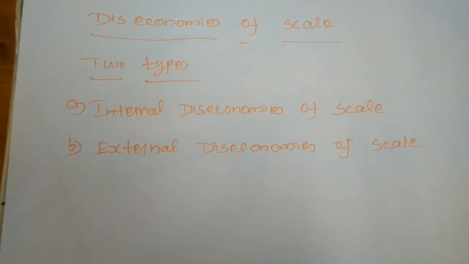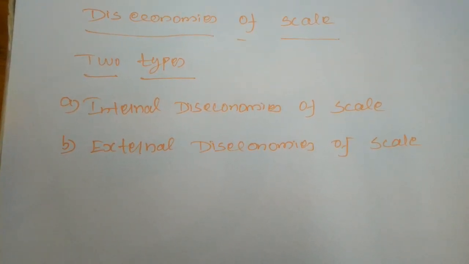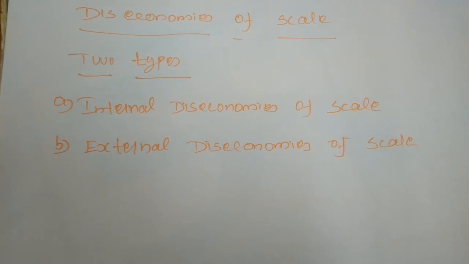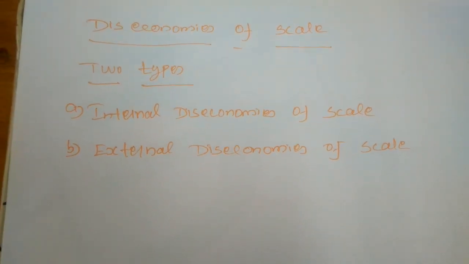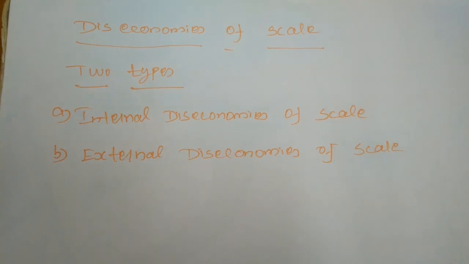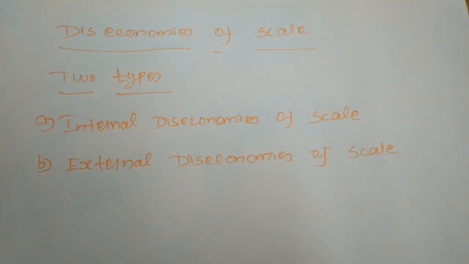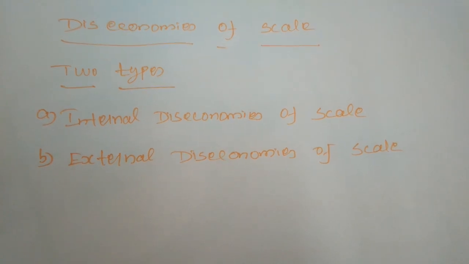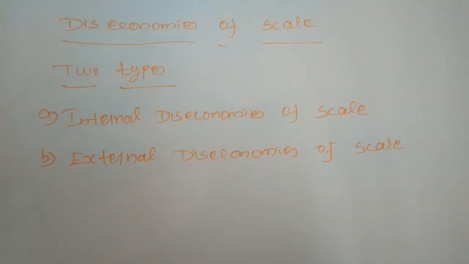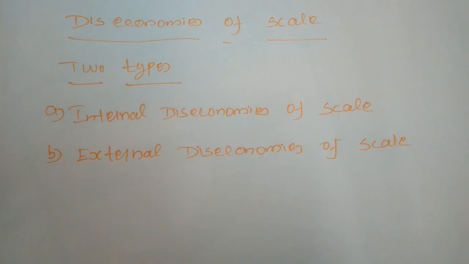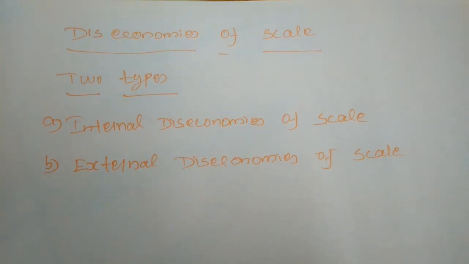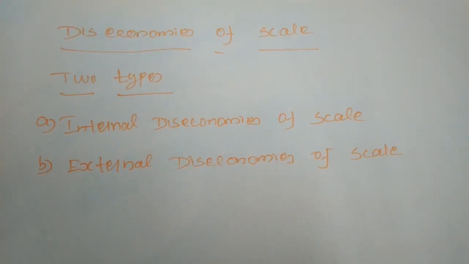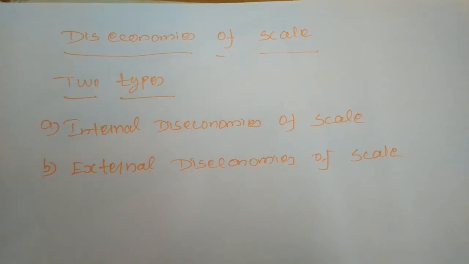Further, it delays the speed of the supply of the product to the market. Suppose the cost of production is increased, or some disadvantages arise within the premises of the business organization, so the supply of the product will be reduced or affected. That is called diseconomies of scale. Here also we can classify it into two types.